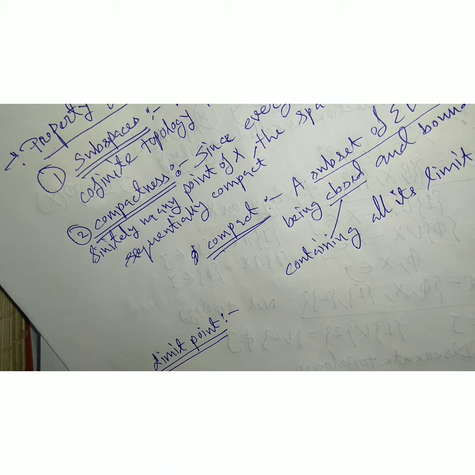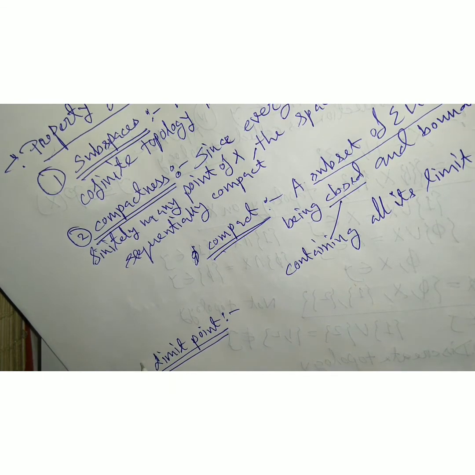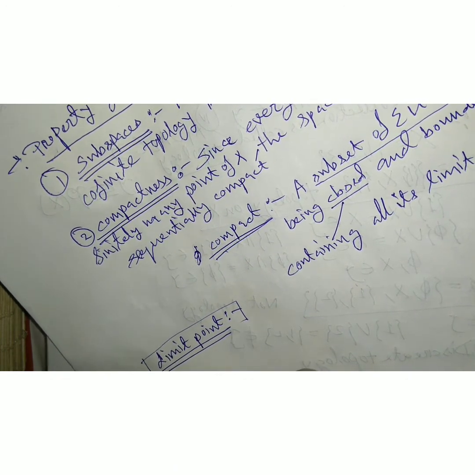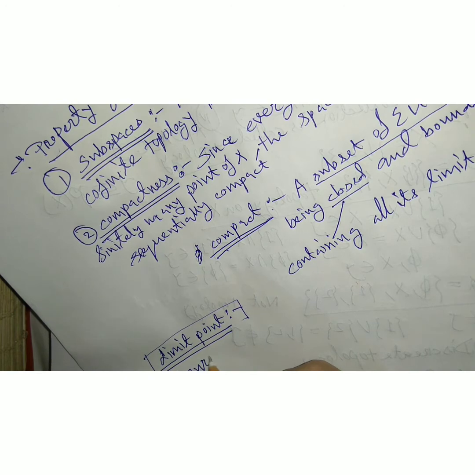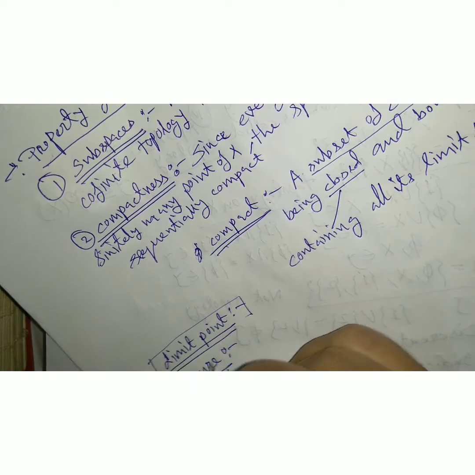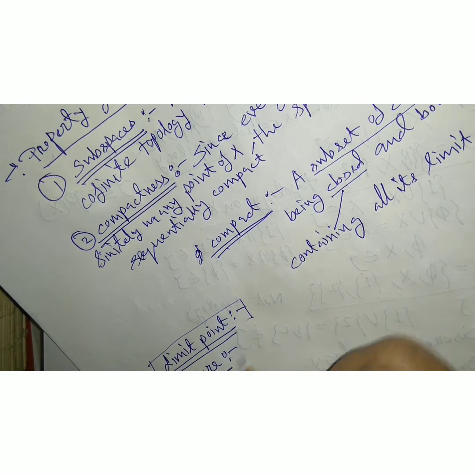Closure means the intersection of all closed sets which contain A. At first, if we want to know limit point, we have to know closure, so I discuss the closure.